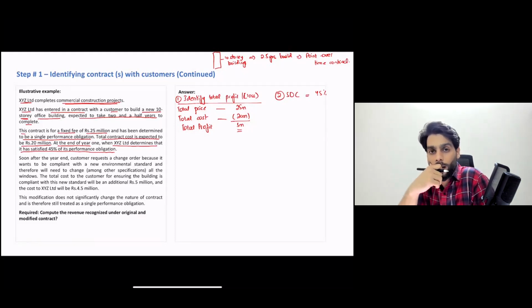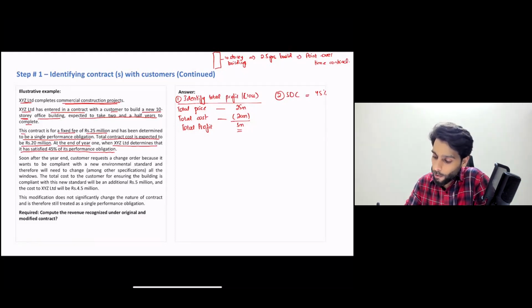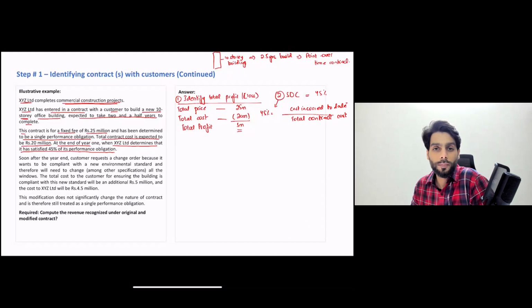The default method for stage of completion calculation was that you would take cost incurred to date in your numerator and divide it by total contract cost. And therefore you would have determined 45% stage of completion.